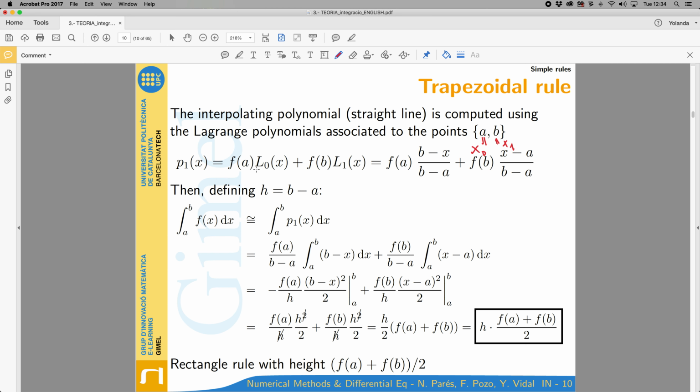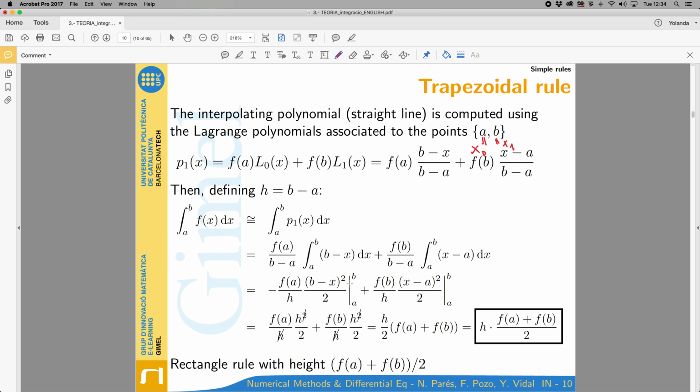That would be f of a L0 because point A is x0, plus f of b L1 because L1 is associated to x1, and I can compute in this way P1, the polynomial that goes through those data points. Now here we just computed the integrals.